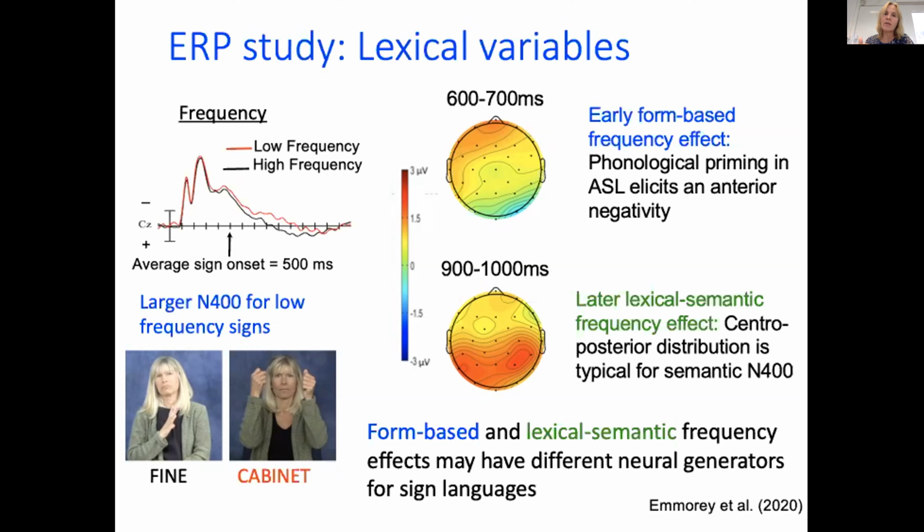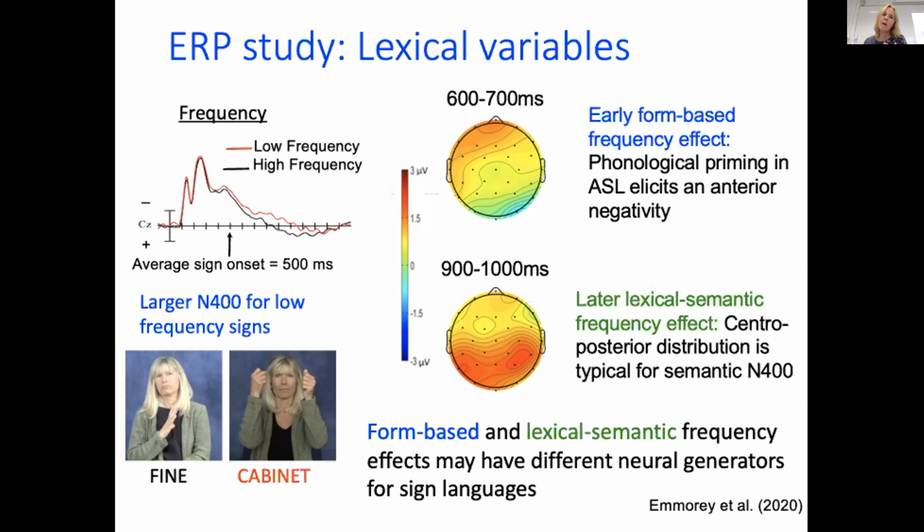The reason we think this anterior earlier effect is due to form-based frequency is because in other experiments, ones you'll be seeing a little bit later, form priming in ASL tends to be more anterior. So when you look at the reduced ERP to form-based priming, it's more anterior. Lexical semantic processing tends to show the more typical semantic N400 central and posterior distribution. So we see these two distributions.